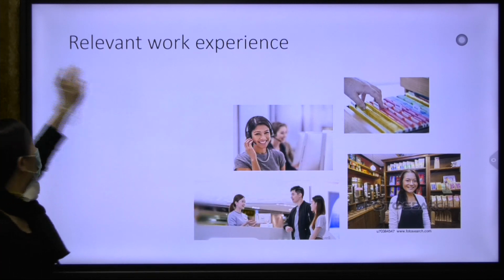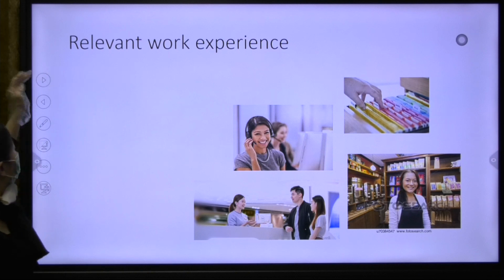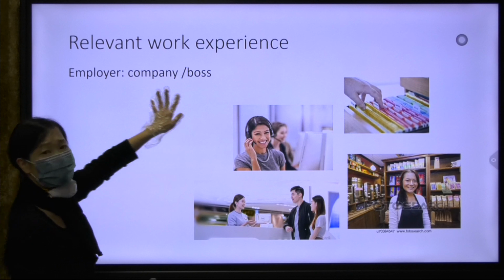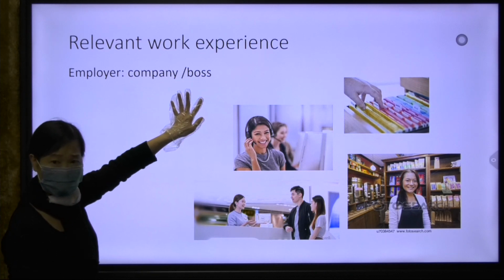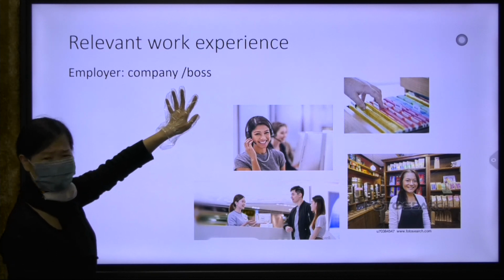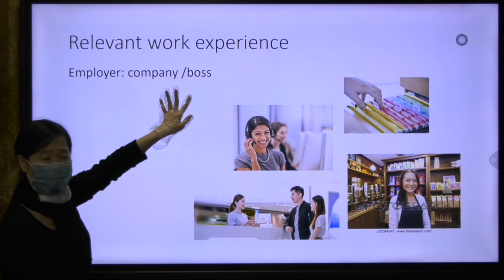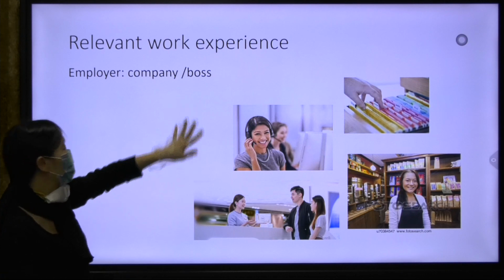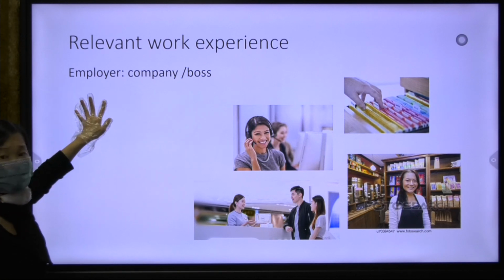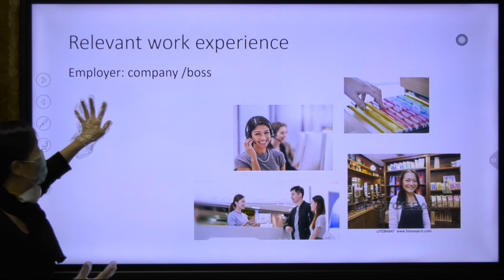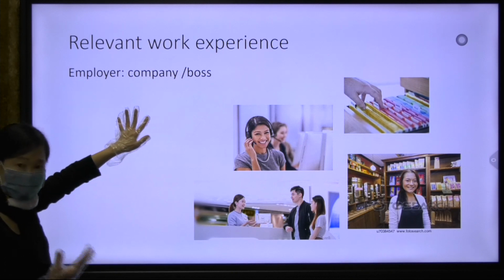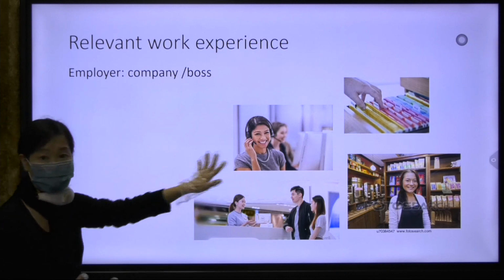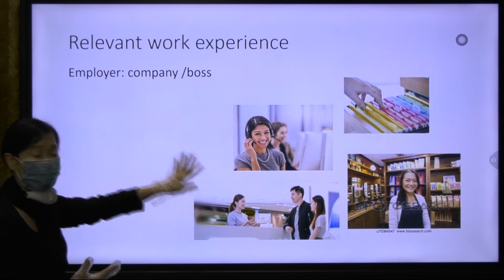Like, for example, what's the company or boss that he has been working with? Like which company has Tommy worked in, right? That helps him get this job. And so the employer, the previous employer, the boss or the company that Tommy has worked with before working in the gallery.